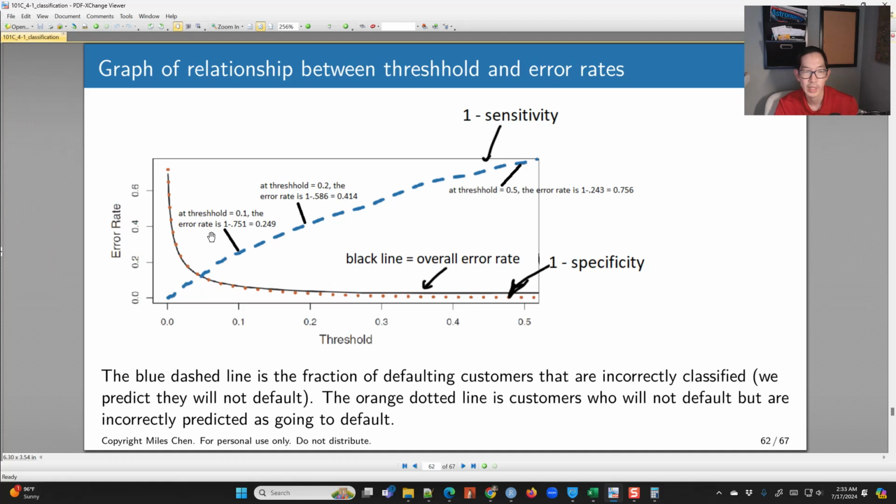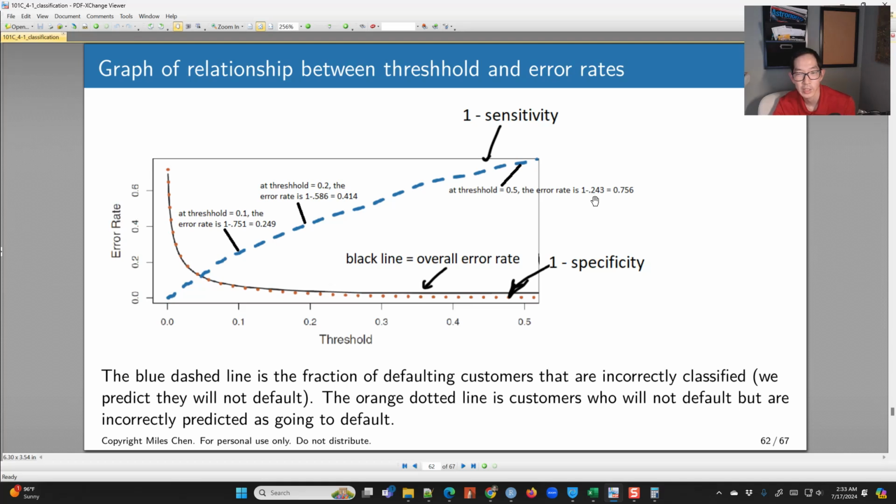My specificity, the orange dotted line, is low. 1 minus my specificity is my false positive rate, and that's pretty low. But my 1 minus my sensitivity is also pretty low.